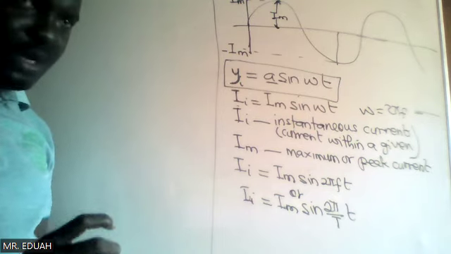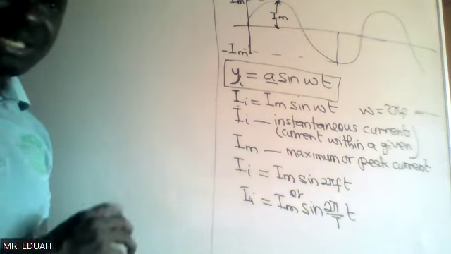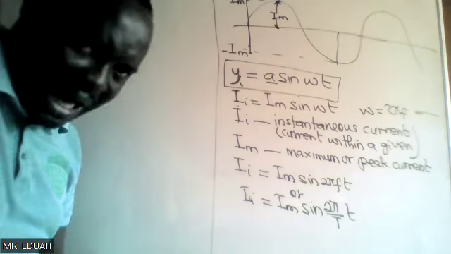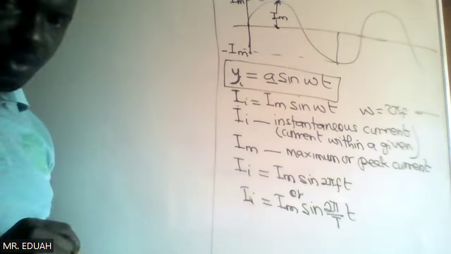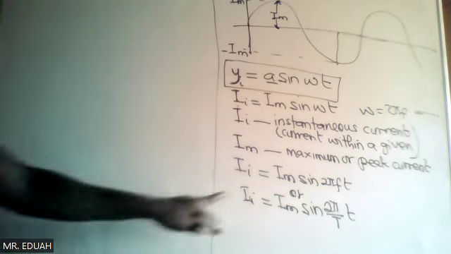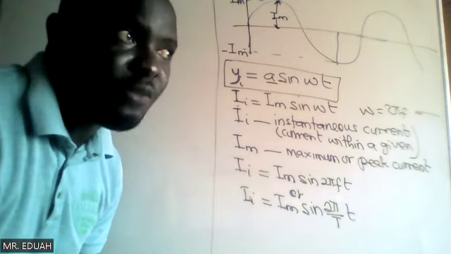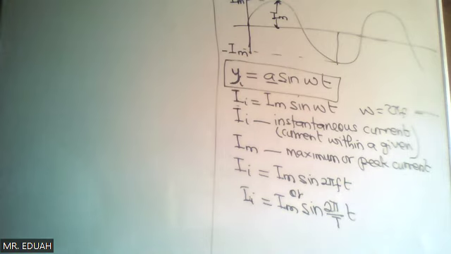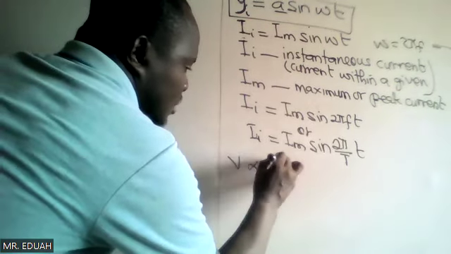When the tube diameter is larger, resistance is small. When the tube diameter is smaller, resistance is high. Okay, so for current to flow, there must be a source of voltage or EMF. That is why Ohm said that voltage is directly proportional to current flow.